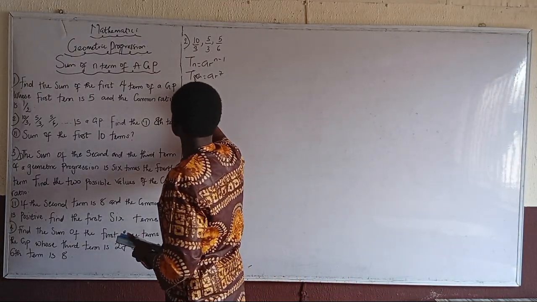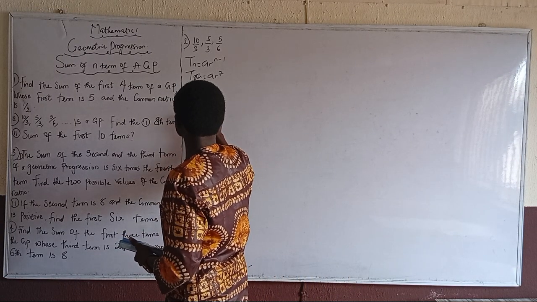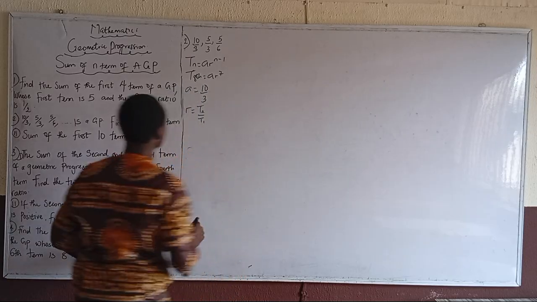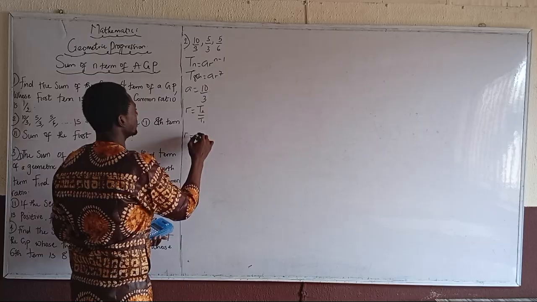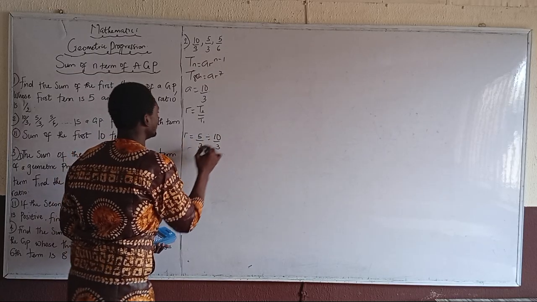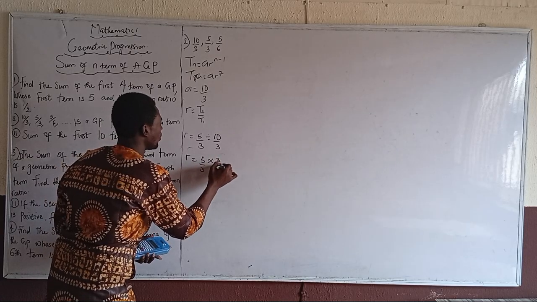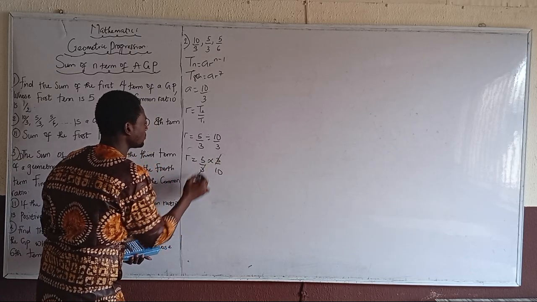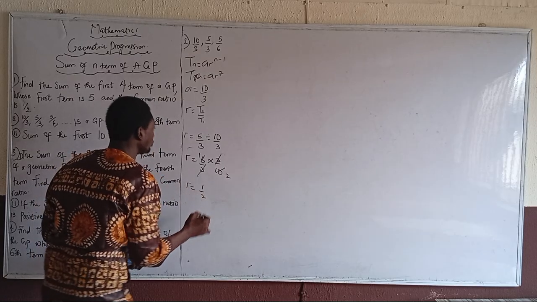Now in this question, my A is 10 over 3 and my R is second term divided by first term. So my R here, the second term is 5 over 3 divided by 10 over 3. So my R becomes 5 over 3 times 3 over 10. 3 times 1, 3. 5 here 1, 5 here 2. So my R is 1 over 2.